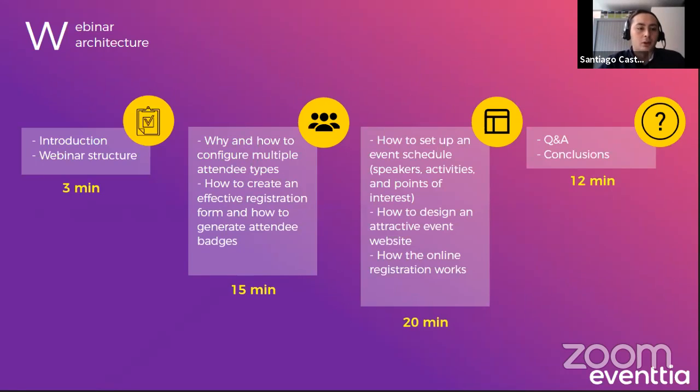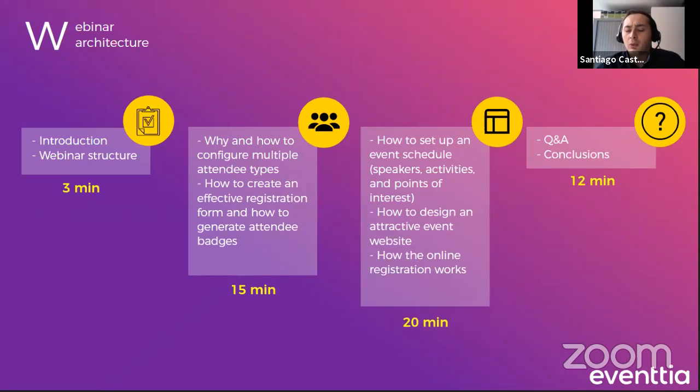So first of all, we're going to speak about the webinar structure, about what I'm telling you right now. We're going to see why and how to configure multiple attendee types, how to create an effective registration form, how to generate attendee badges, how to set up an event schedule with speakers, activities, and points of interest, how to design an attractive event website, and how the online registration works from the point of view of my attendees.